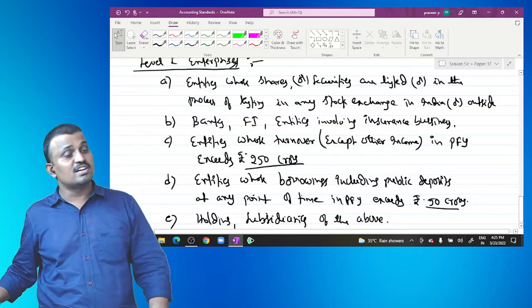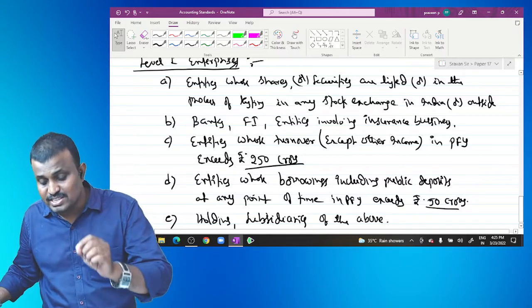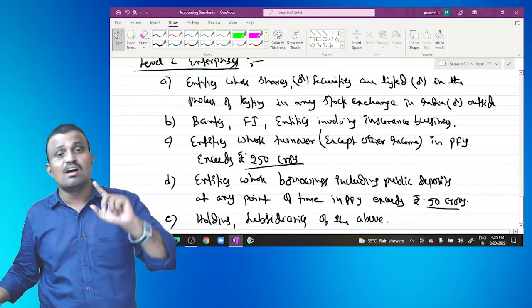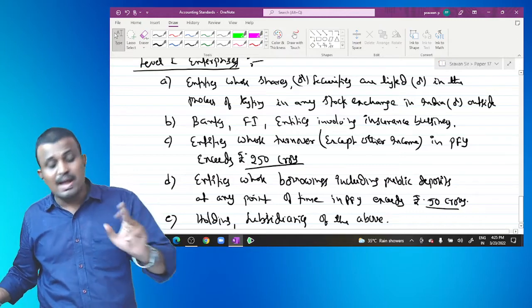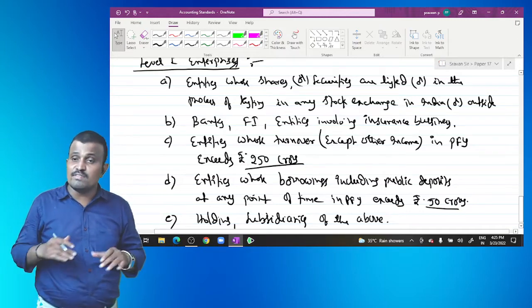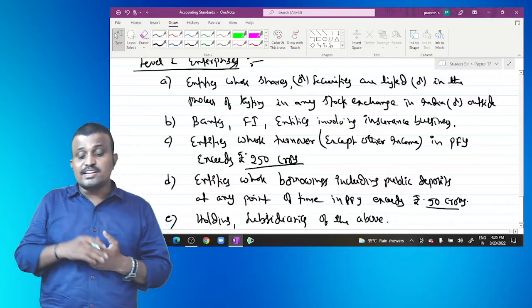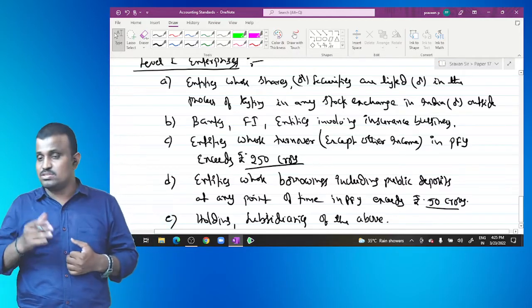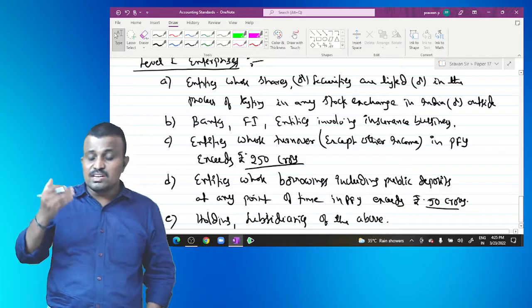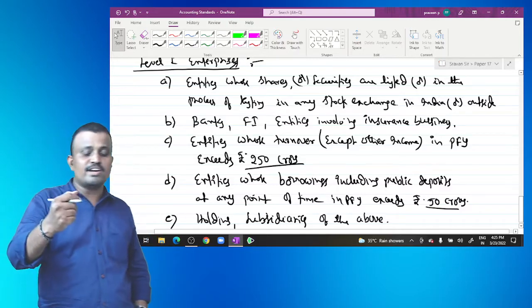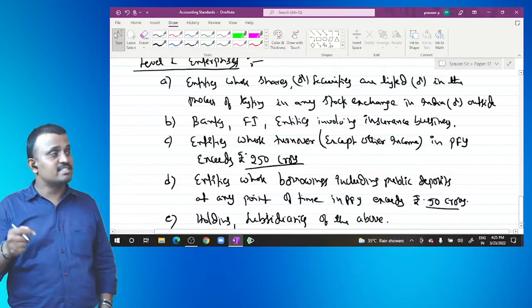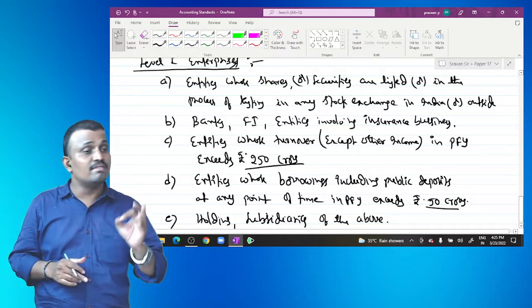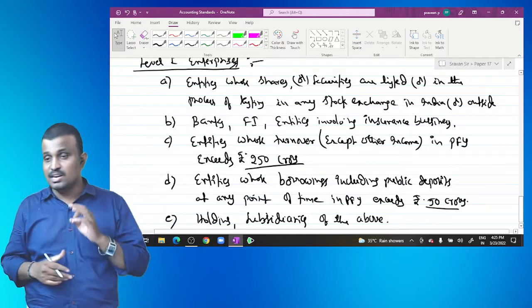So Level 1 enterprises are nothing but entities whose shares or securities are listed or in the process of listing in any stock exchange in India or outside India, and banks, financial institutions, entities involved in insurance business, entities whose turnover in the preceding financial year exceeds 250 crores, and entities whose borrowings including public deposits at any point of time in the previous financial year exceed 50 crore, and holding and subsidiaries of the above are treated as Level 1 enterprise. Clear? Level 1 enterprise.